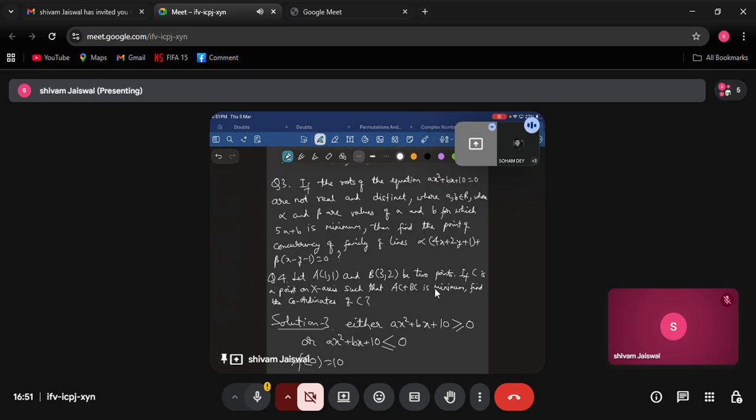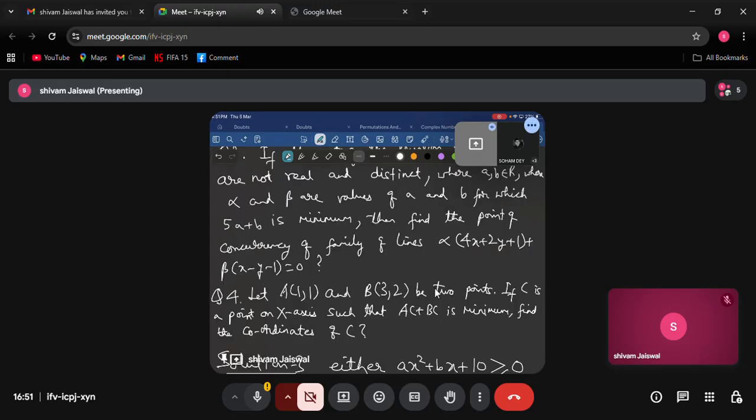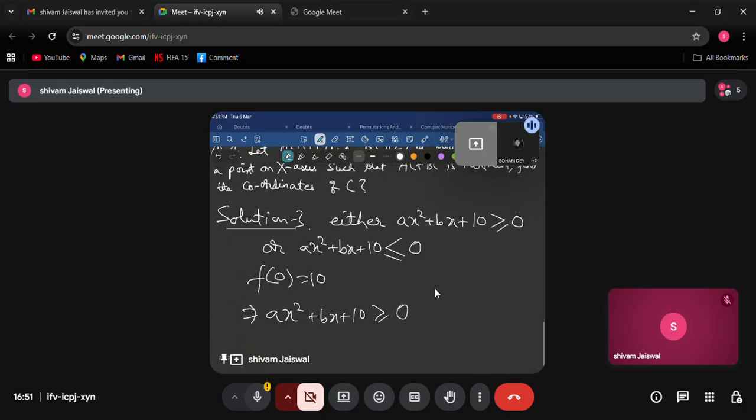Alpha and beta are values of a and b for which 5a plus b is minimum. We need to understand how we will get 5a plus b. What should we substitute instead of x so that it is a multiple of 5a plus b?